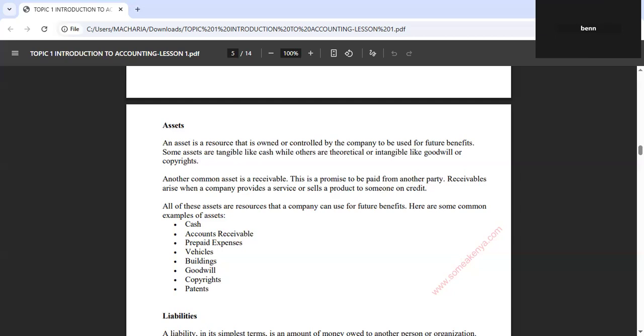Now, at this point, I ask you, what is goodwill? Goodwill can be defined in many ways, but the best and fastest way to define it is the excess of your selling value.